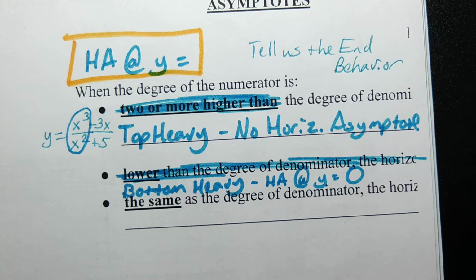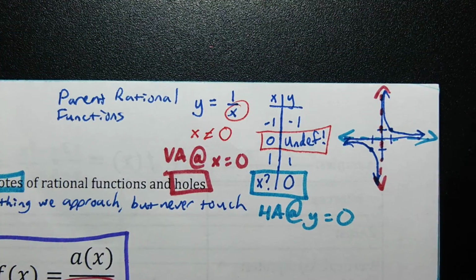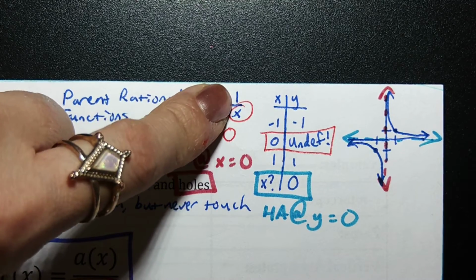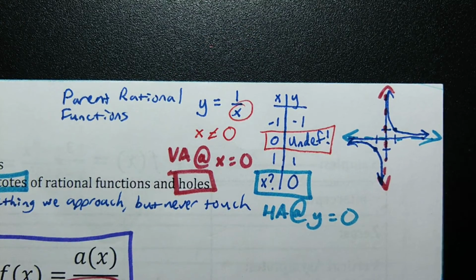And we actually saw this in that parent function. We look at that equation, we've got 1 over x. X is the only variable on the bottom, right up here. So x has a higher degree than the top because there's no variable there. So this is bottom heavy, and that's why we have a horizontal asymptote at y equals 0.